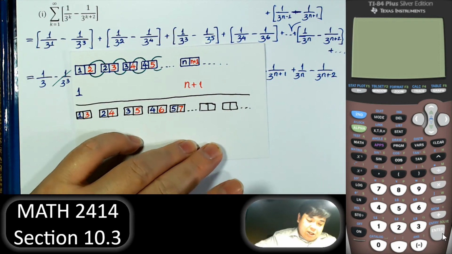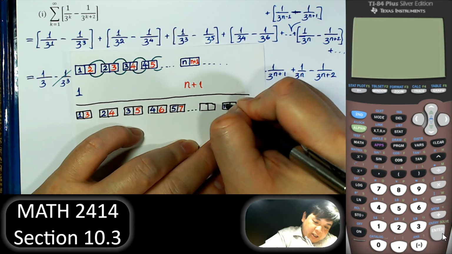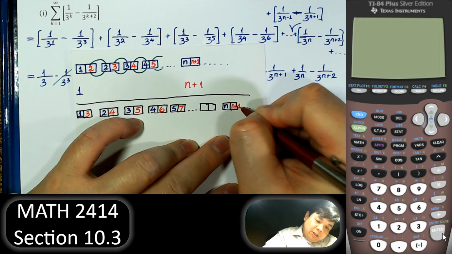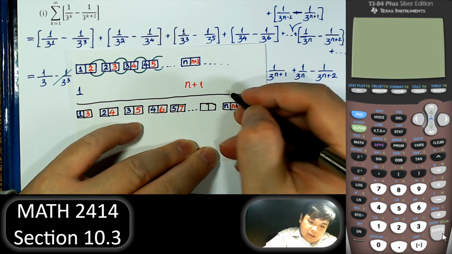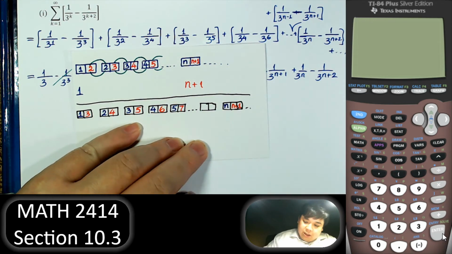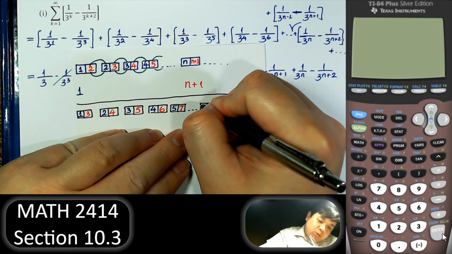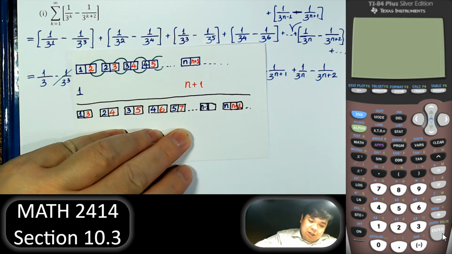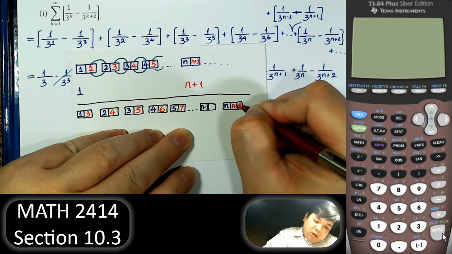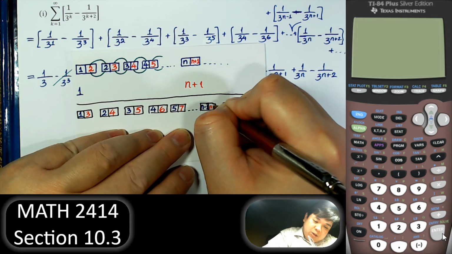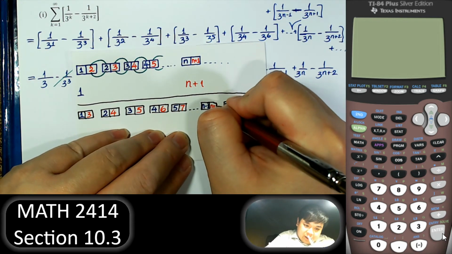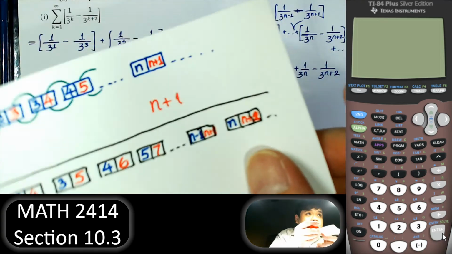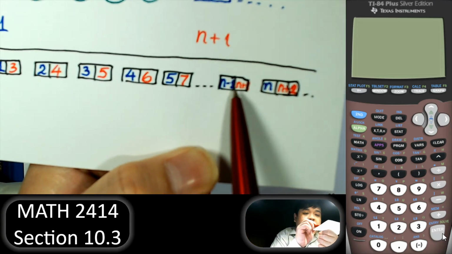Right. See this one, when we put n in there, it's going to be n plus 1. And here, if we put n minus 1, sorry, skip, so the n plus 2, and this is n plus 1.